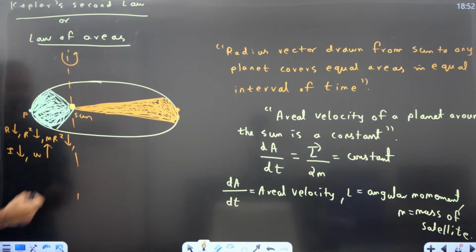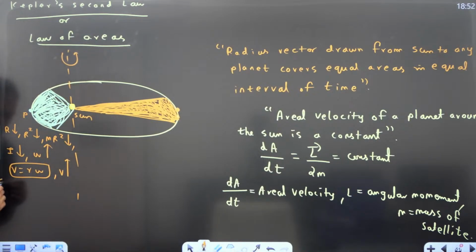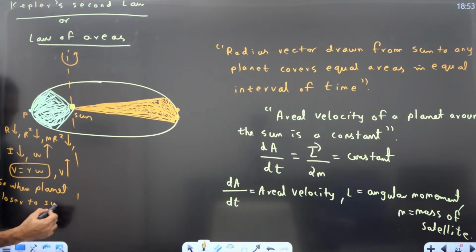Greater. When angular velocity is greater, V equals R omega. So when angular velocity increases, linear velocity also increases. So when the planet is closer to the sun, its velocity increases.